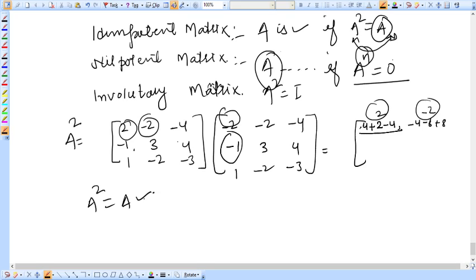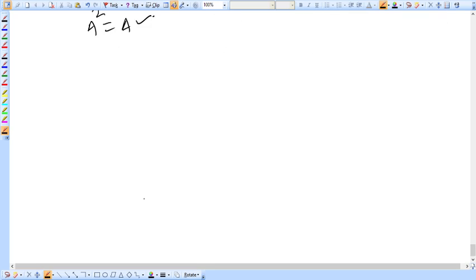Similarly, there are many examples of nilpotent matrices. I'm going to give you a problem for you.